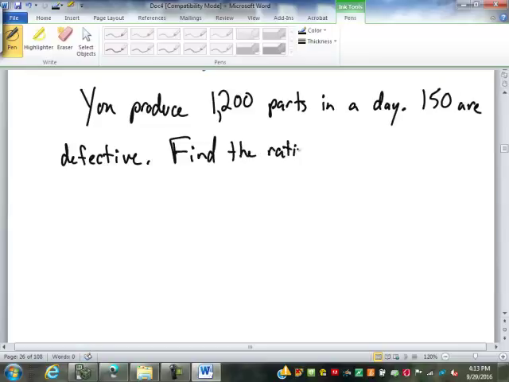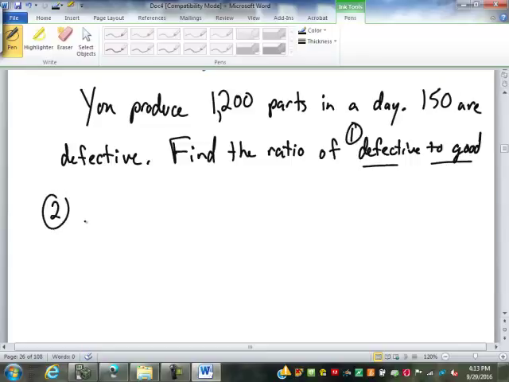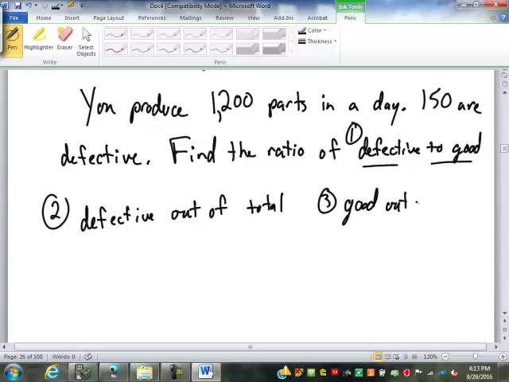Find the ratio of defective to good, that's the first one. Find the ratio of defective out of total, and find the ratio of good out of total. So I'll give you a couple minutes to do that in your notes.